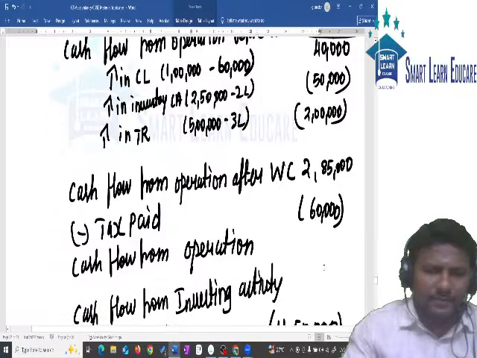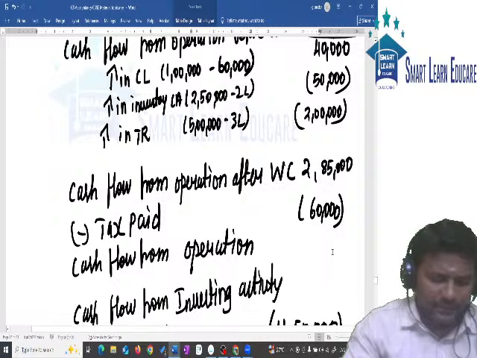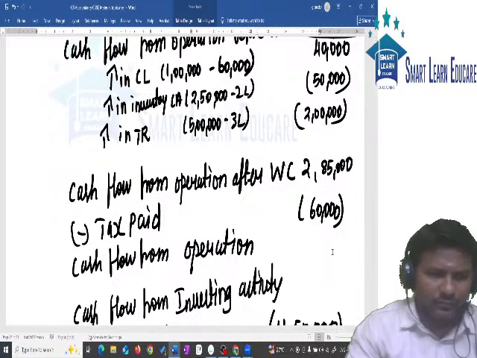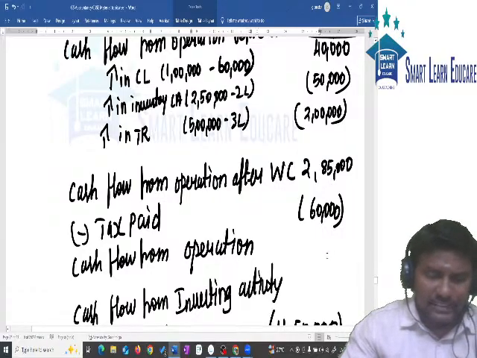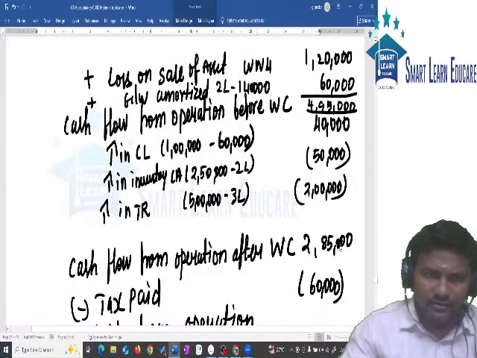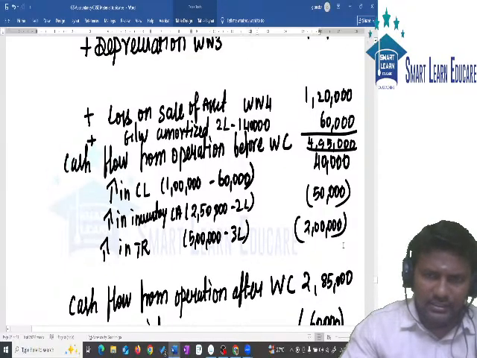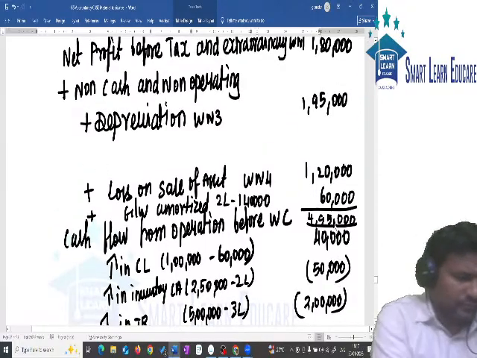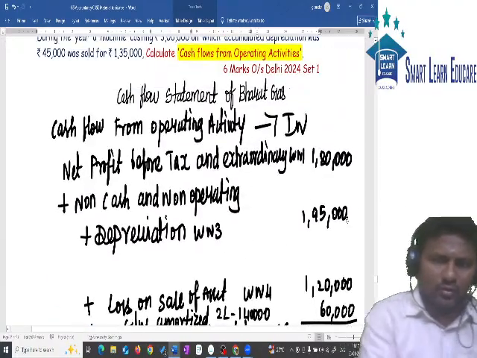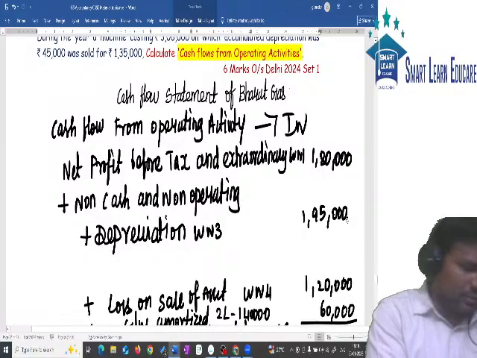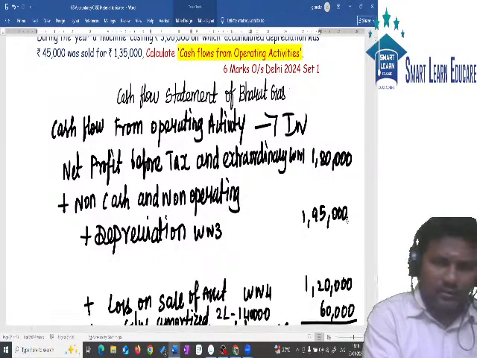And income tax paid should be there. What is the amount of tax paid? 60,000. Provision for tax la goodwill amortized 60, அது ஒரு 60, goodwill amortized ஒரு 60 இருக்கு. So 1,80,000 plus 1,95,000 plus 1,20,000 plus 60.